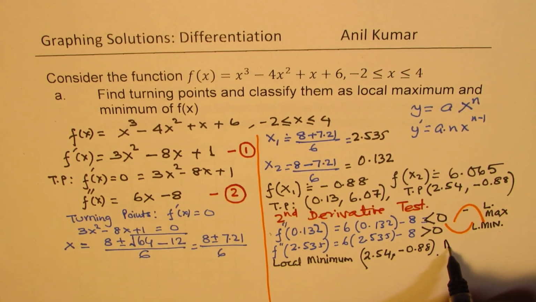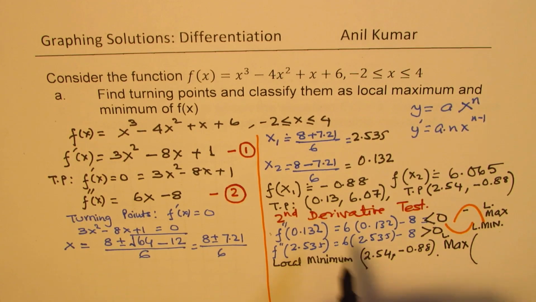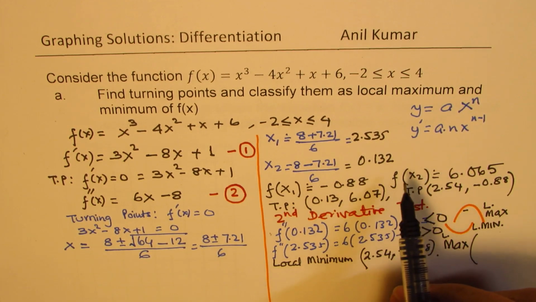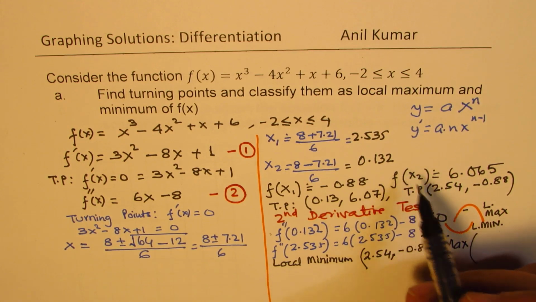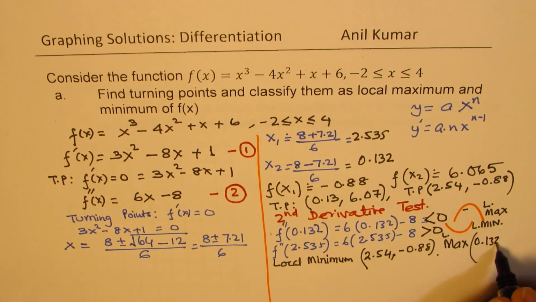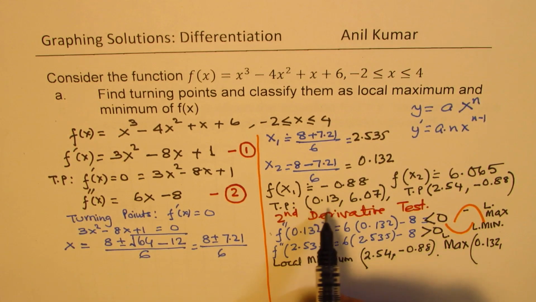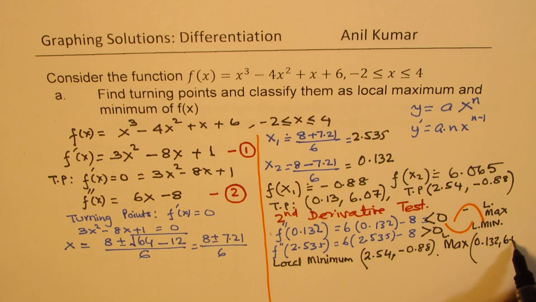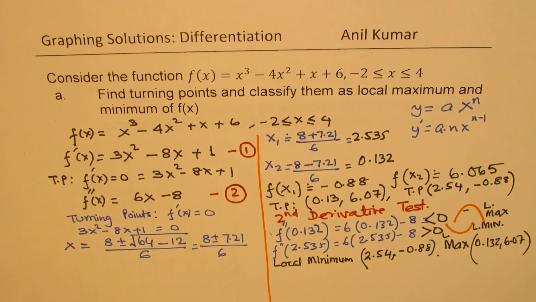And we have a local maximum on the left side, which is at x equals 0.132, and the y value calculated was 6.07. Is that clear to you? So that is how we found the local maximum and minimum.